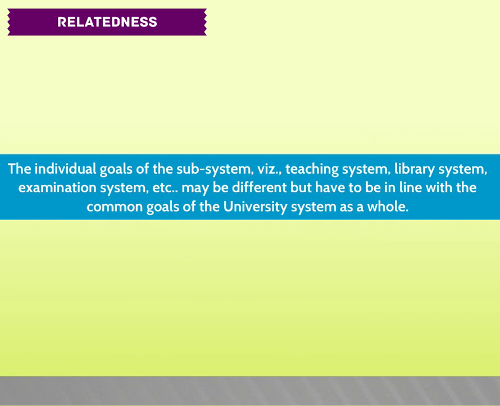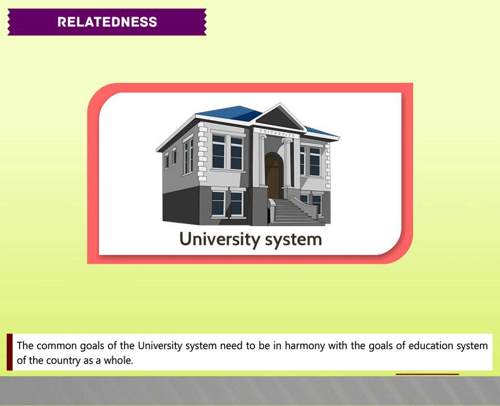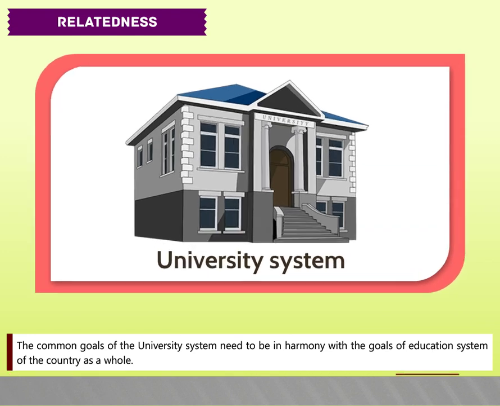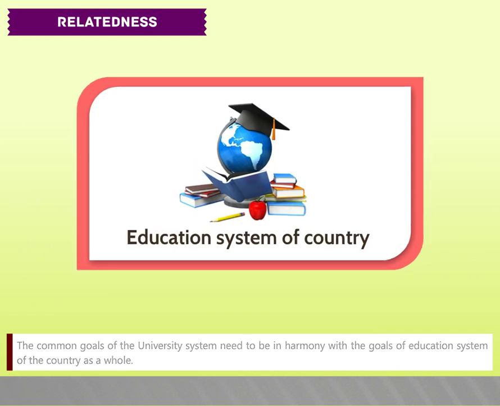The individual goals of the subsystems, teaching system, library system, examination system, etc., may be different but have to be in line with the common goals of the university system as a whole. The common goals of the university system need to be in harmony with the goals of the education system of the country as a whole.